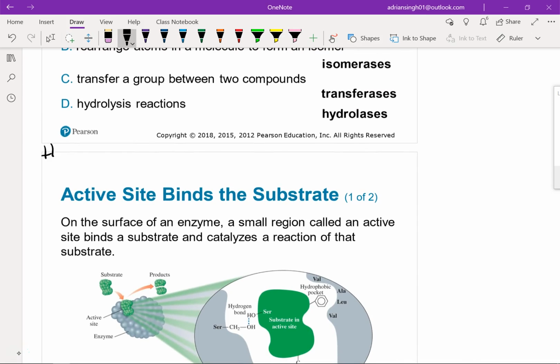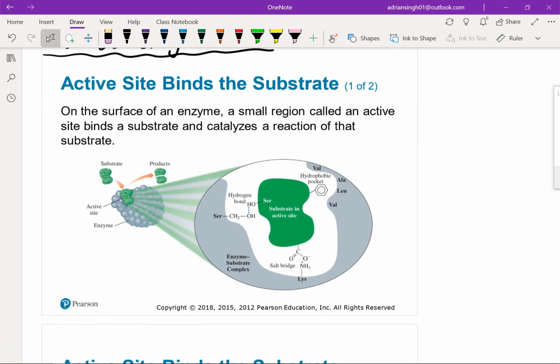All right, so let's take a look at the mechanism of enzyme action. So how do enzymes work? Okay, so first of all, let's orient ourselves. You have an enzyme, which again is typically a protein. So there's our enzyme, and on the surface of the enzyme, usually a little pocket, a small region, like a pocket or a depression, or just a part of the surface of the enzyme that we call the active site, is where all the action happens, right?